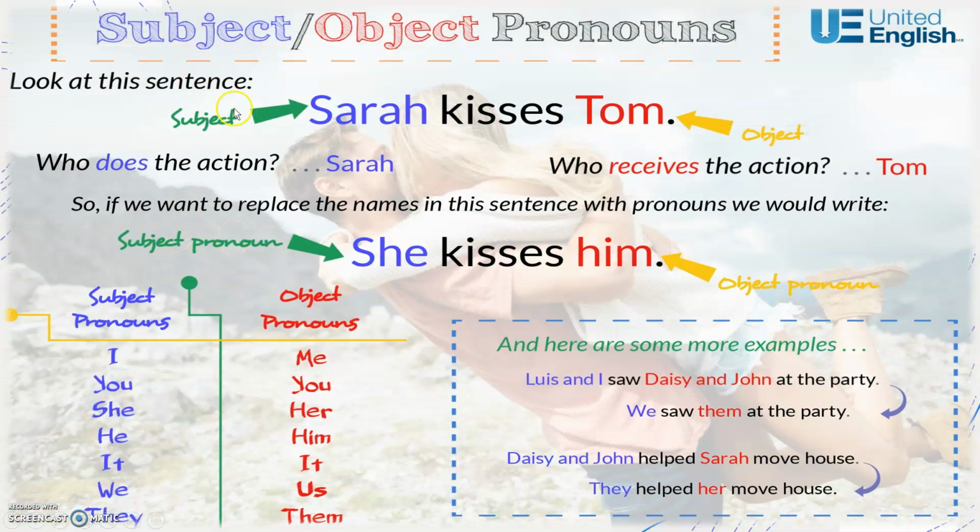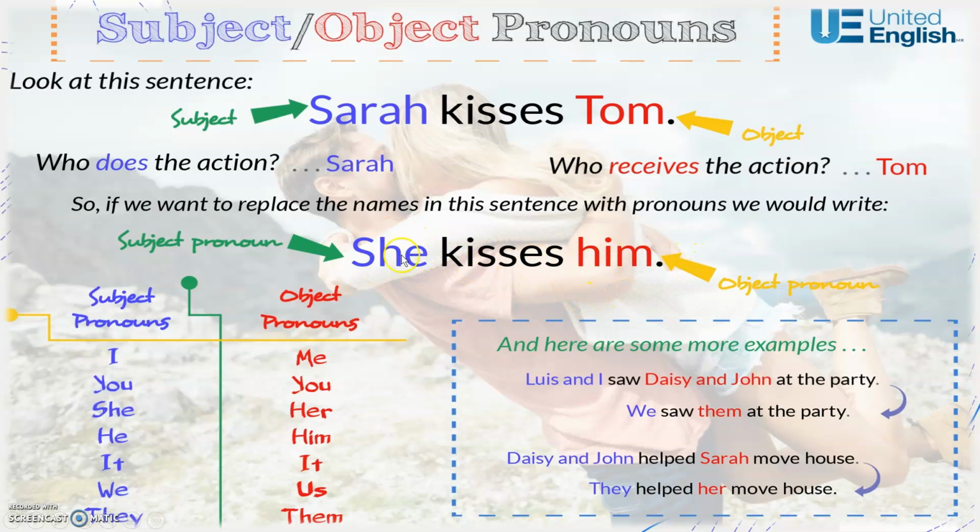Now, in here, guys, this is what I was saying before. For example, Sarah kisses Tom, or she kisses him. Sarah is the subject and Tom is the object. But basically, we can replace Sarah with she and Tom with him. So in this case, she kisses him: she is the subject pronoun, and him, which refers to Tom, is the object pronoun.